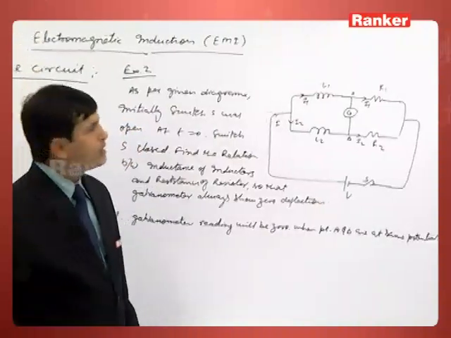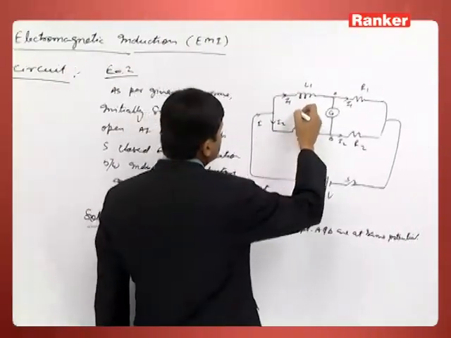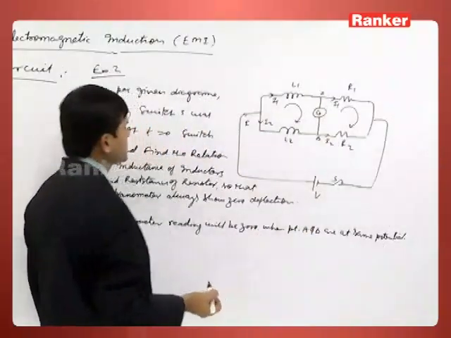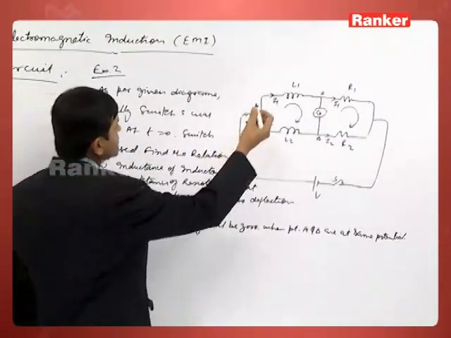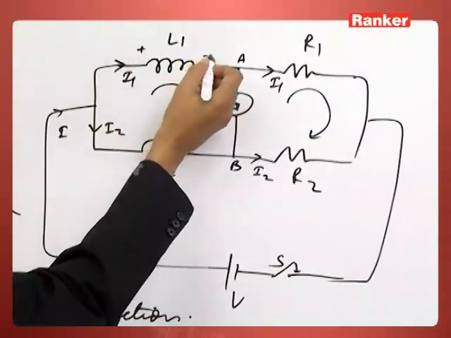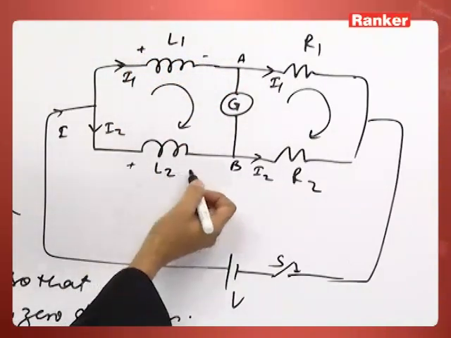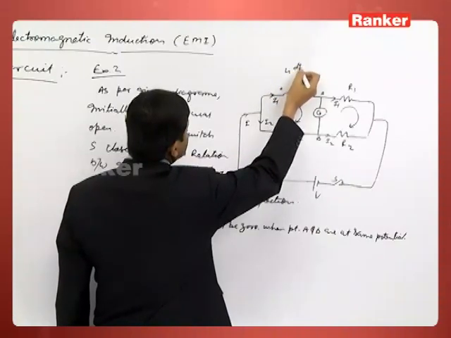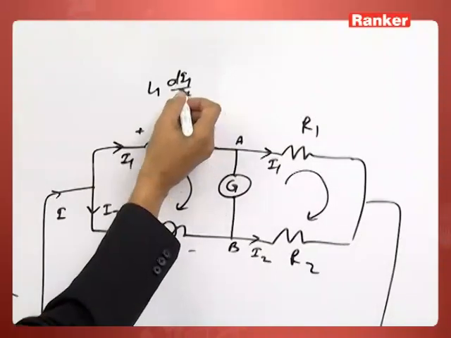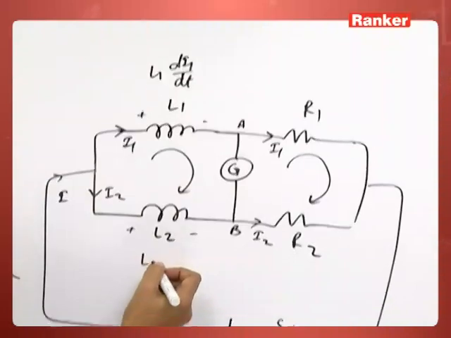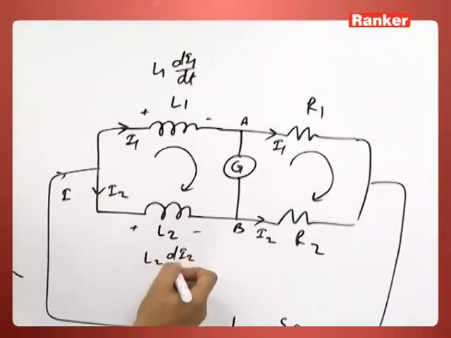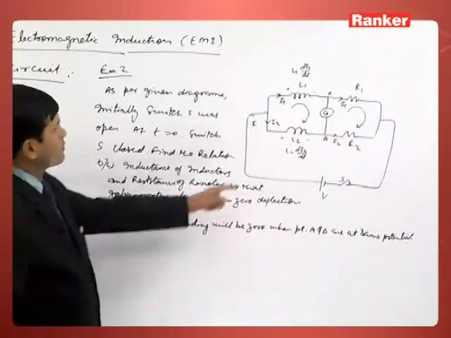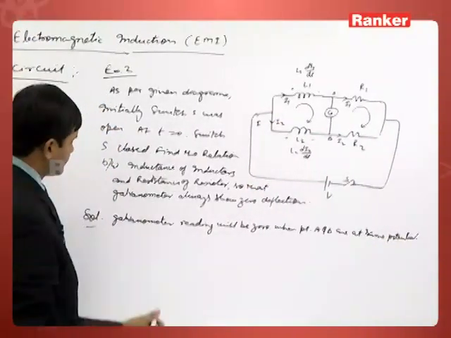Now we can apply one Kirchhoff law here, another here. As current is growing here, this is positive and negative, and this is also positive and negative. Here the EMF is L1 di1 by dt, and here the EMF is in the same way L2 di2 by dt.